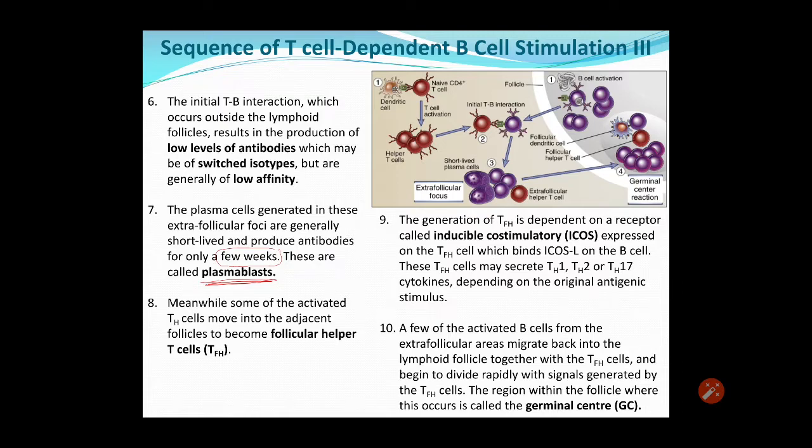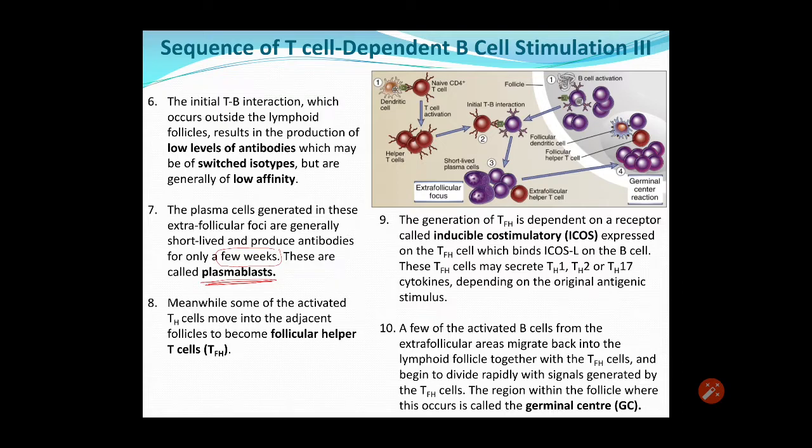Right? Another signal which is activating the differentiation from an effector T helper cell into a follicular T helper cell is this additional set of costimulatory interactions called ICOS, which is related to CD28, and it's called inducible costimulatory receptor.